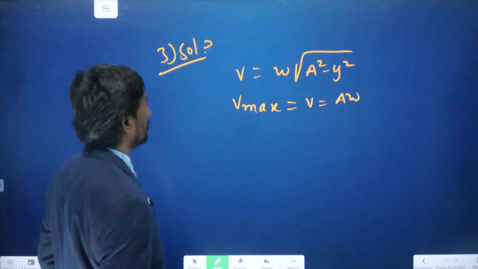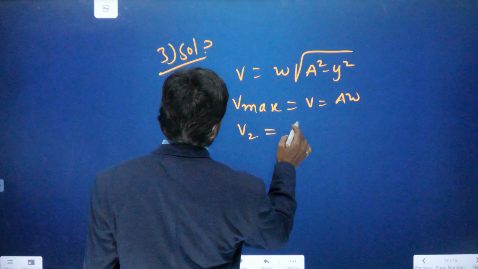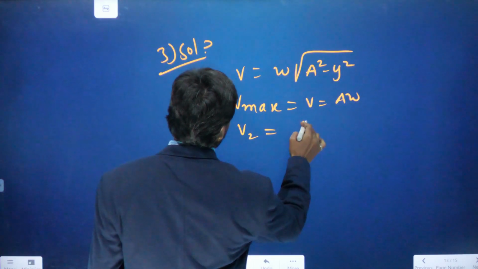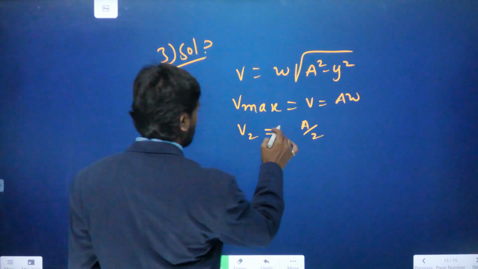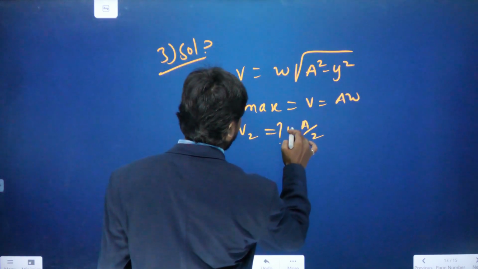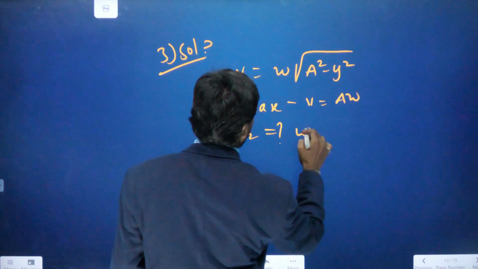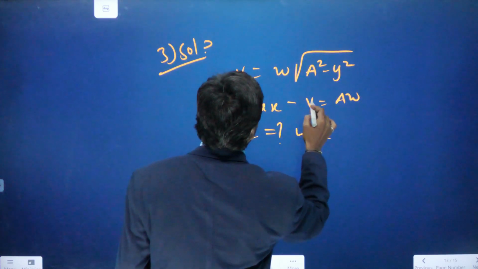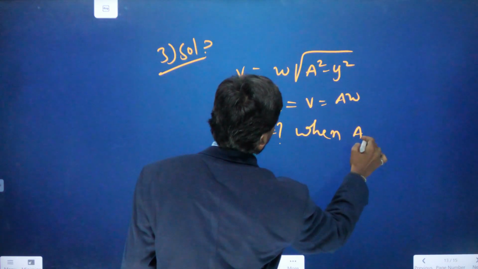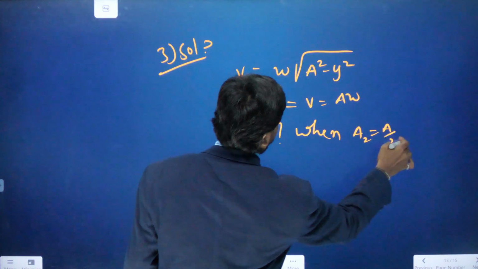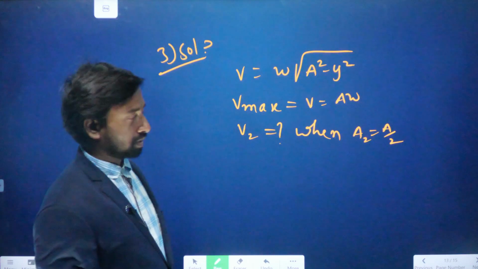Then they are asking for the velocity of the particle, V2, when the amplitude is half of the amplitude. So when A2 is equal to A by 2, half of its amplitude, what is its velocity?